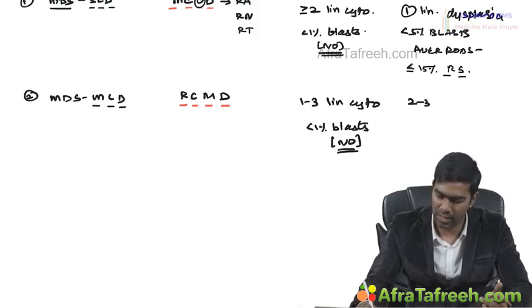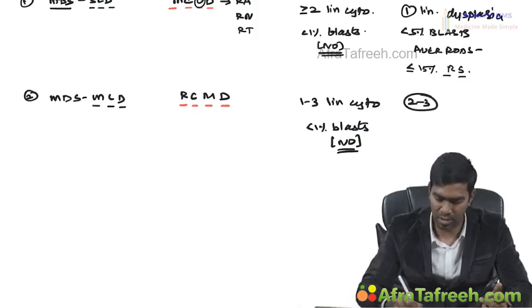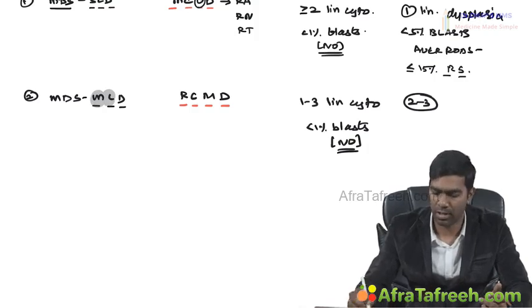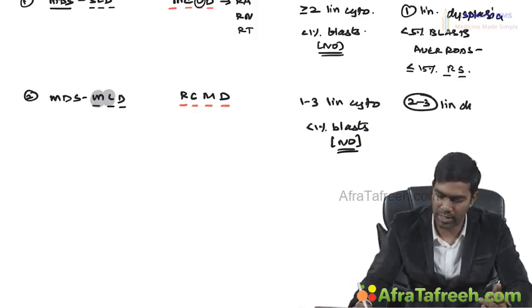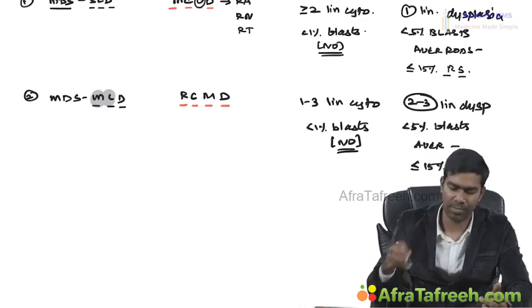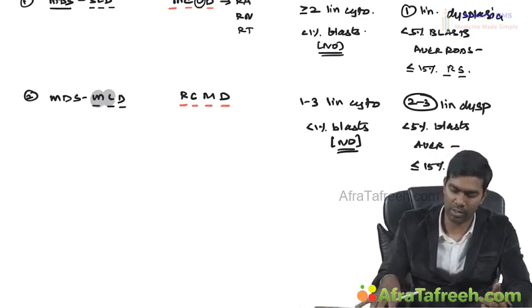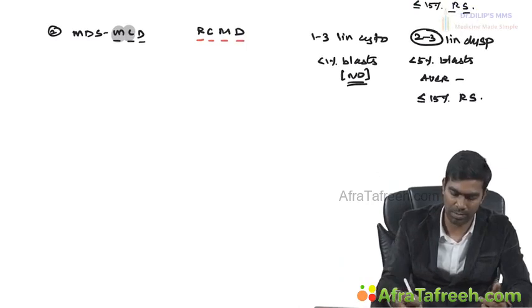Here again, since it's multilineage dysplasia, you are going to see 2 to 3 lineage dysplasia definitely, and less than 5% blasts. You will not get any Auer rods, Auer rods are negative, and you will have less than 15% ringed sideroblasts. Clear? All these are very important. I'll tell you why I keep saying less than 15% ringed sideroblasts.